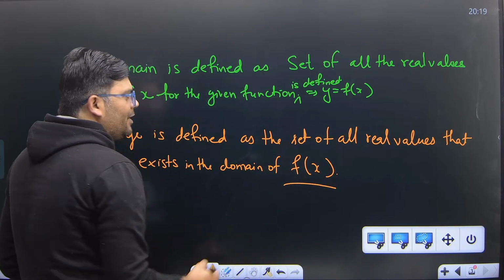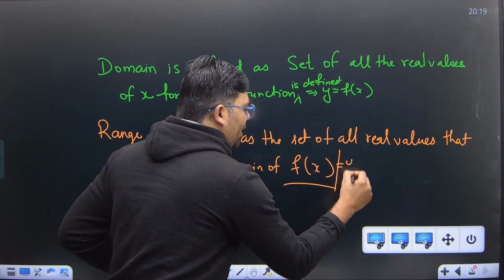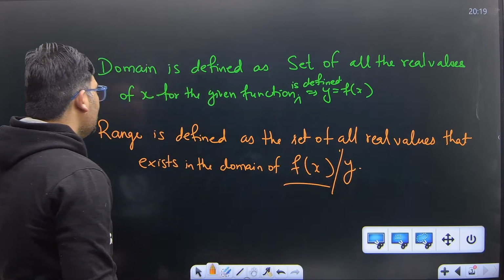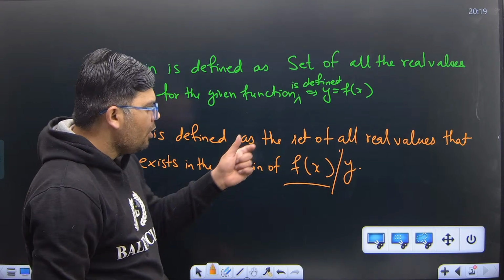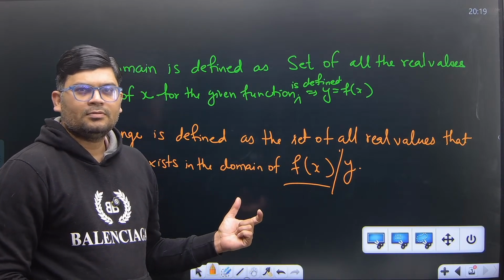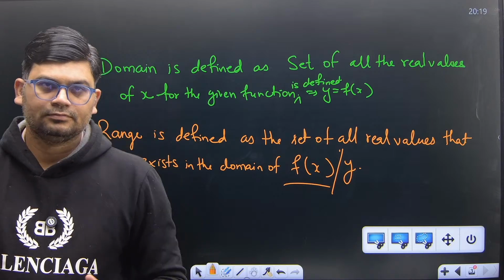When I am writing f(x), it means function of x, or you can say y. Range is defined as a set of all real values that exist in the domain of the function. With every domain you will get a range. Understood?